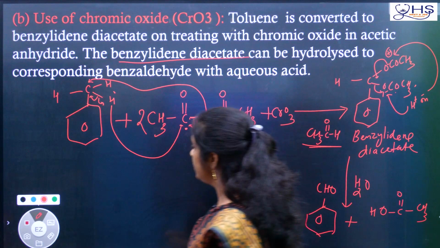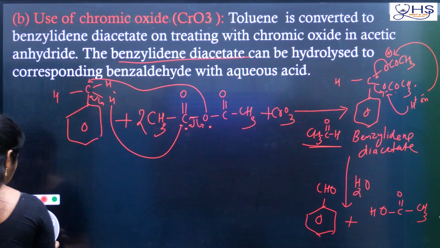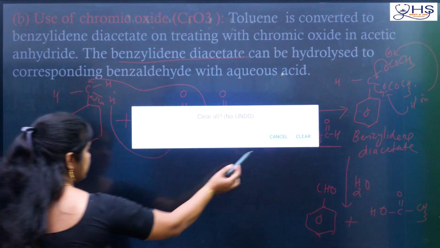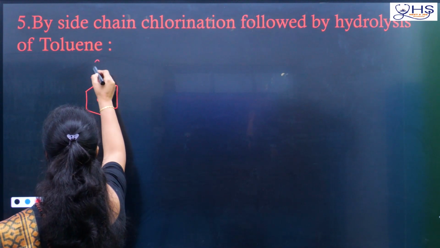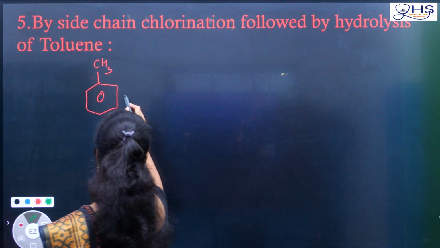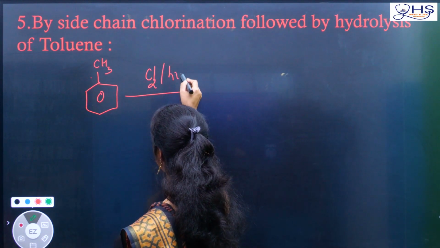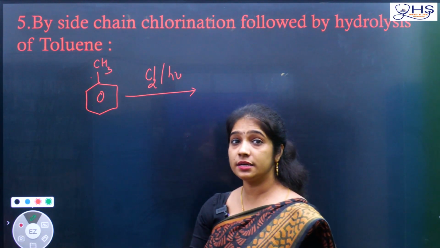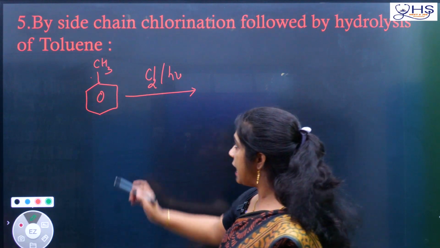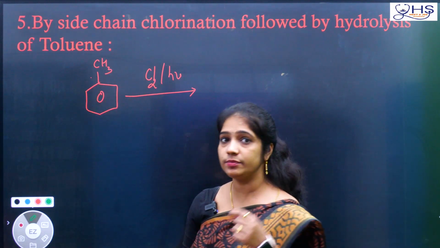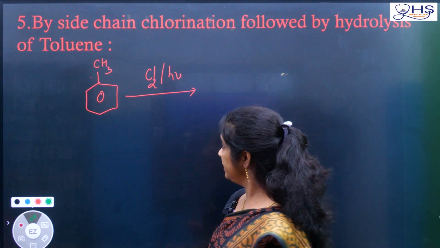Okay. Next we will move to the next reaction, that is very important, toluene. Now here if I am writing Cl2 in the presence of h nu, that means free radical substitution reaction. From the alkane, hydrogen will be substituted with chlorine. Very, very important.